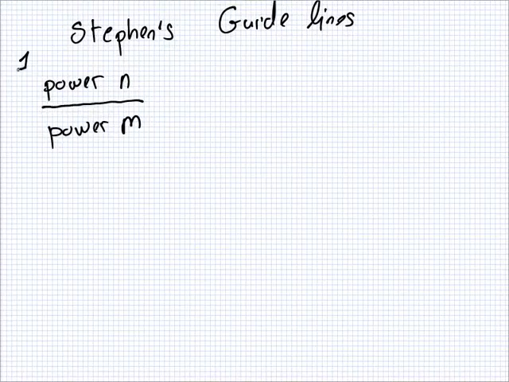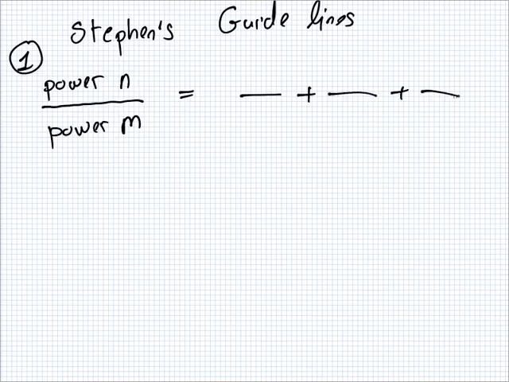So my first rule or guideline is you should try to break it up into m fractions. So for example, if this is a quadratic, we should have 2 pieces here. If it's a cubic, we should have 3 pieces. That's the first kind of guideline.